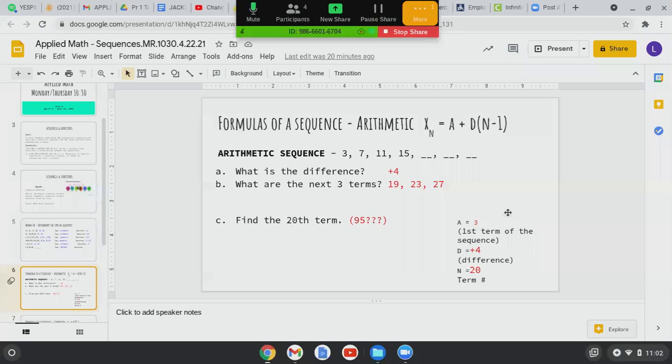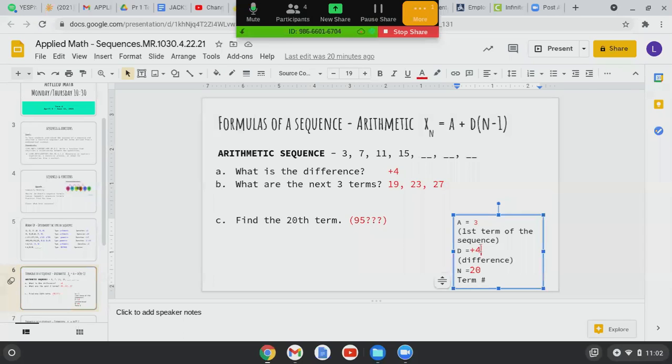Okay, so we had gotten to the point where we figured out the pieces that go into the formula. My question to you is, was that projection or that proposal of 95 being the 20th term true or false? So that's where we are right now. I think it's true. You think it's true?